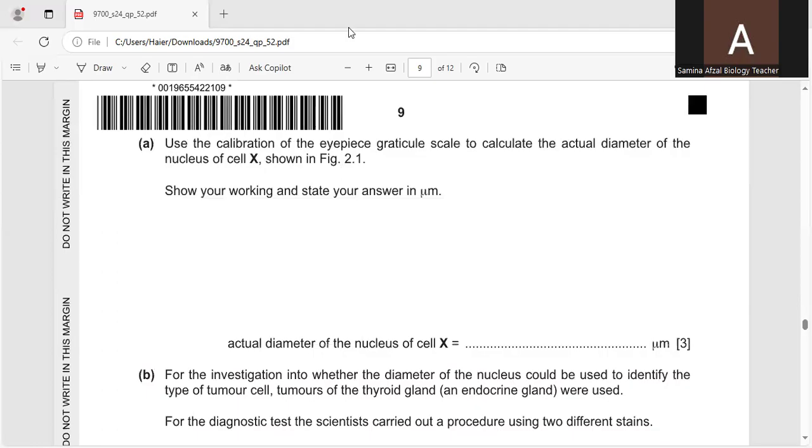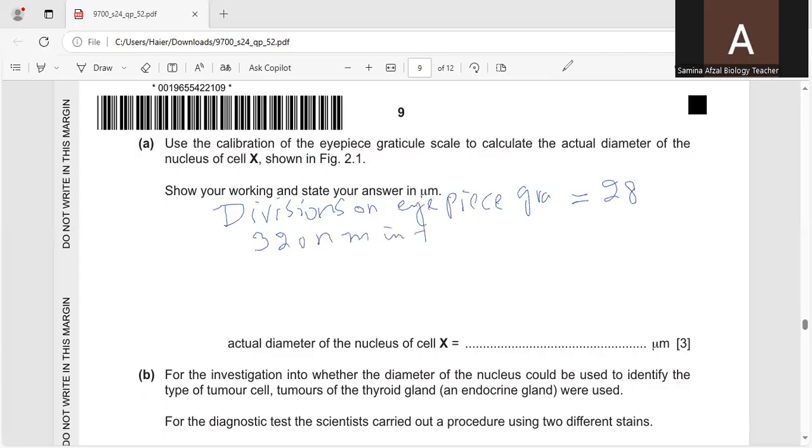So first of all, we will change this 320 nanometers into micrometers. The diameter is 28 divisions. So we will change this 320 nanometers into micrometers. 320 will be divided by 1000, so it will be 0.32 micrometers.